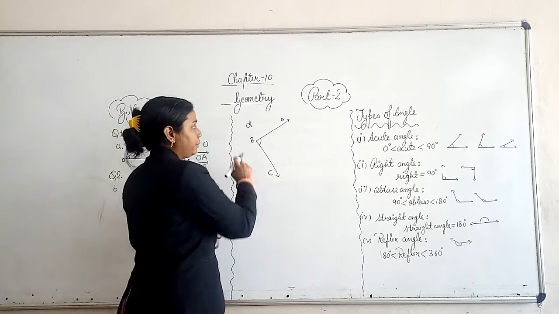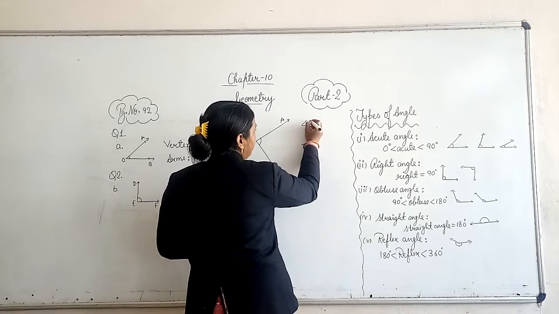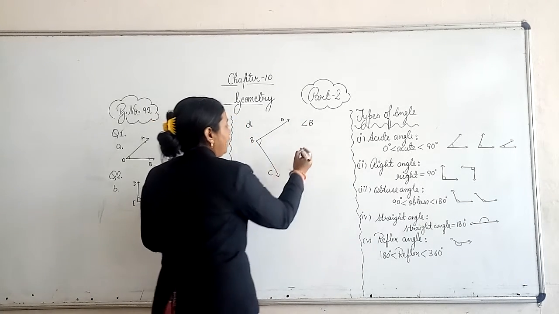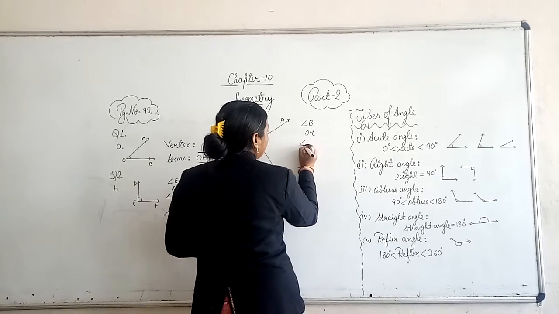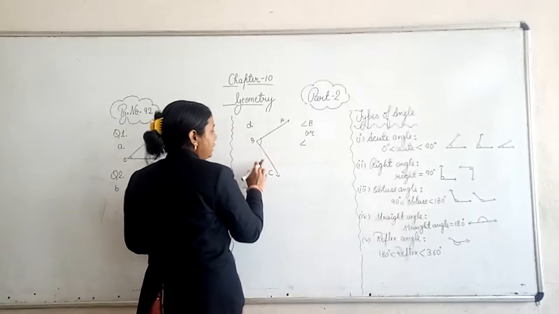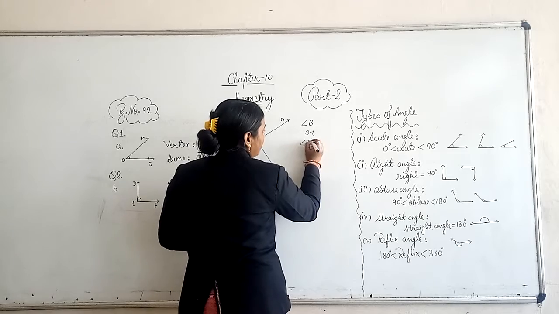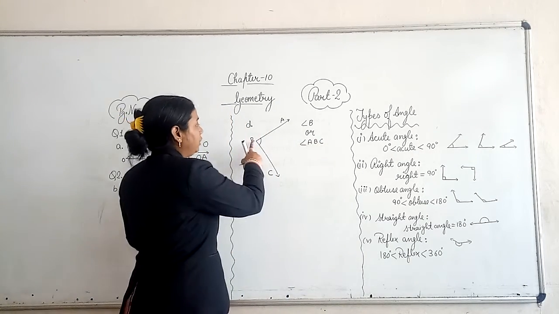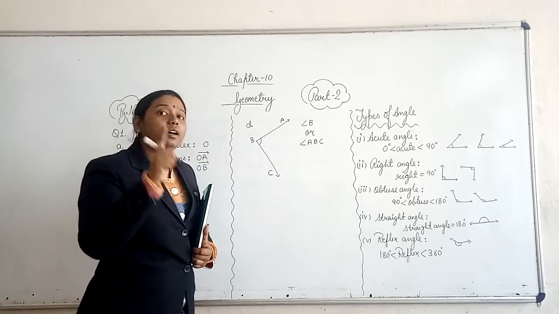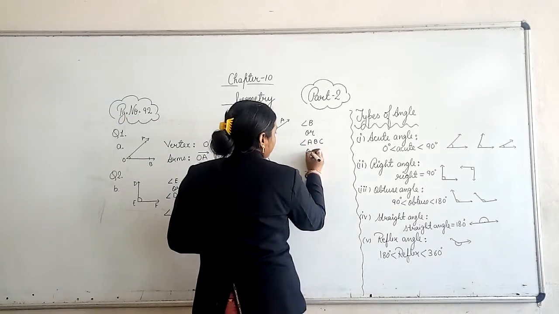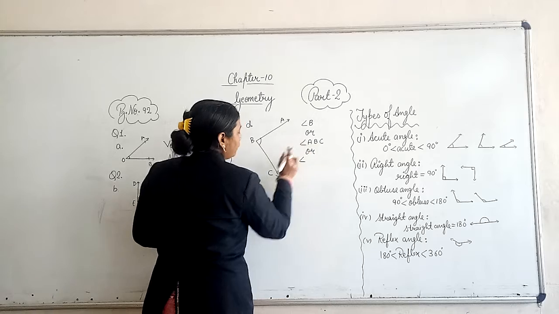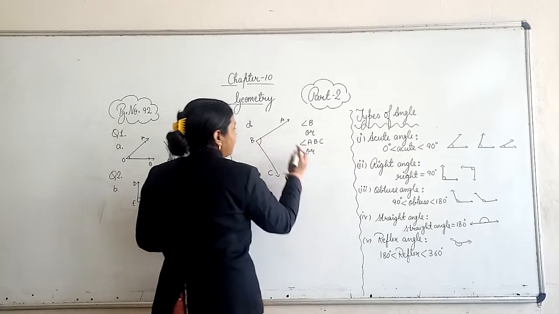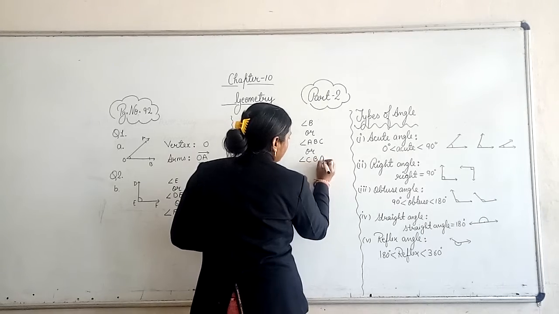The vertex is B. So here I can write its name as angle B. Now another way is angle A, B, C. Always remember that the vertex will always be in the middle. Or just change the order in reverse: C, B, A.